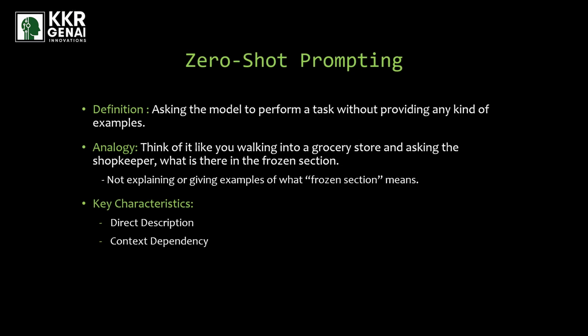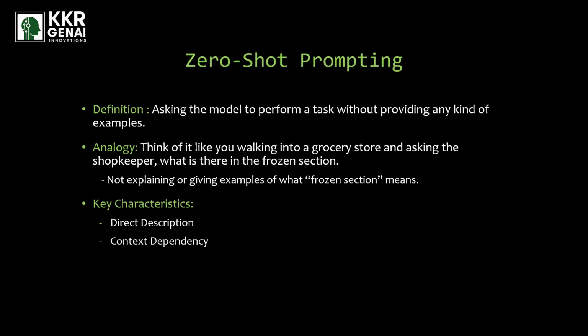So the key characteristic here is we do not confuse the models with examples or anything. Maybe sometimes if our examples are not completely right, the model will not be able to give us good answers. So we are letting the model choose the answers for us. The key description here is we have to depend mostly on our context, and we have to give a direct description.